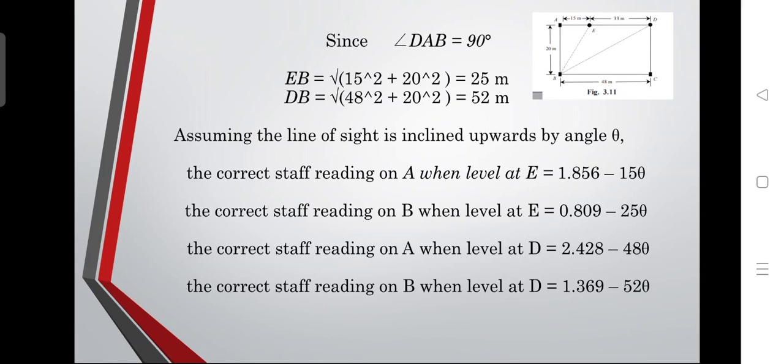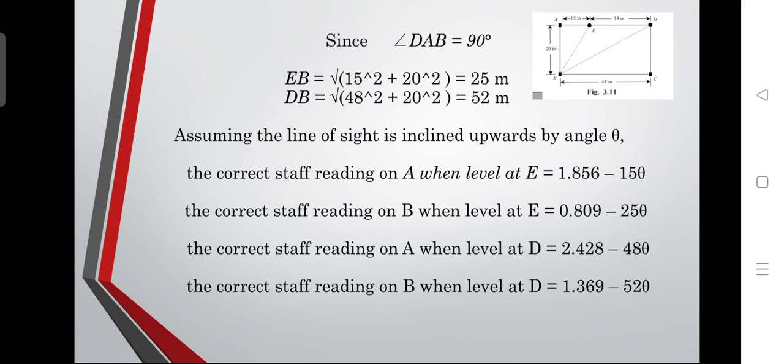Now assuming the line of sight to be inclined upward by angle theta, that is angle BEA and angle BDA to be theta, the correct staff reading on A when leveled at E is, from table, 1.856 minus 15 theta.